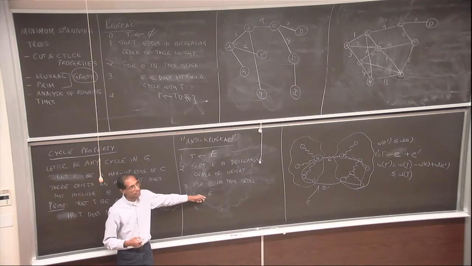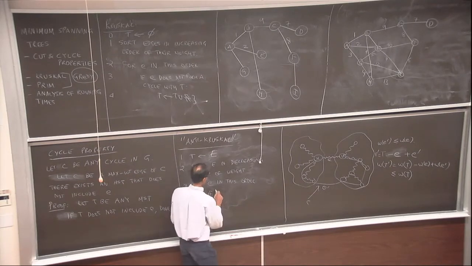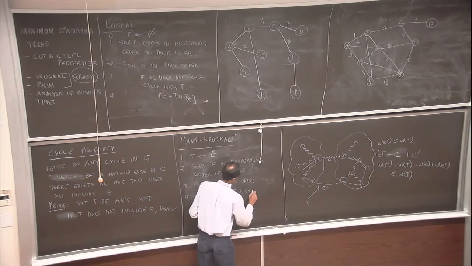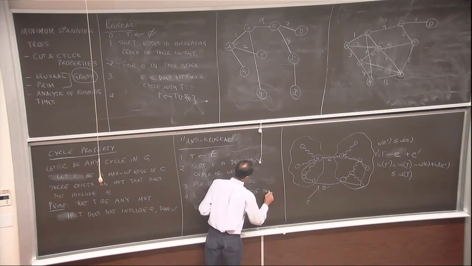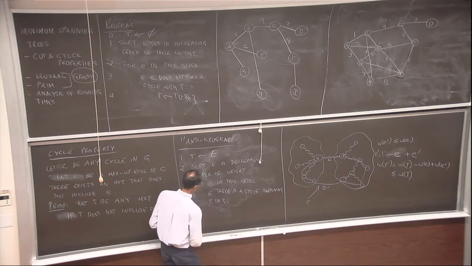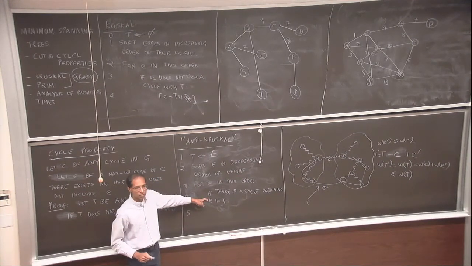So if there is a cycle containing E in T, then what do we do? If there is a cycle containing E in T, what do we do?